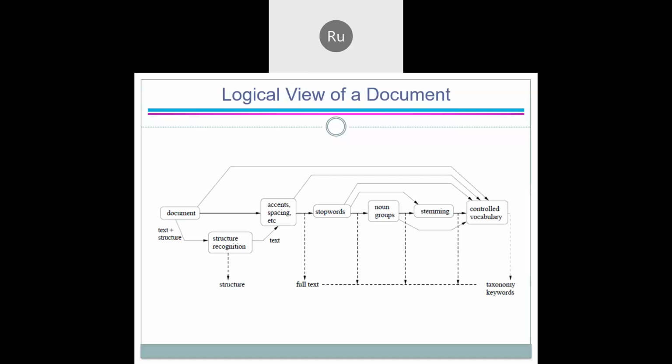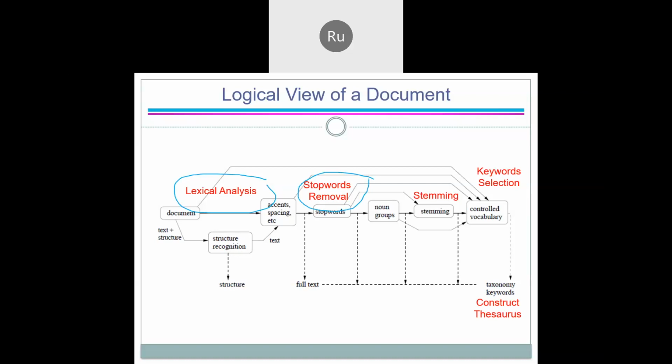So this is the final diagram where we perform lexical analysis, stop word removal, stemming, then the selection, and finally we have the final taxonomy of keywords from that particular corpus of documents. So you see a lot of processes that we have. Maybe you learn this one in NLP. This one you don't have to learn. You just look at the statistics.